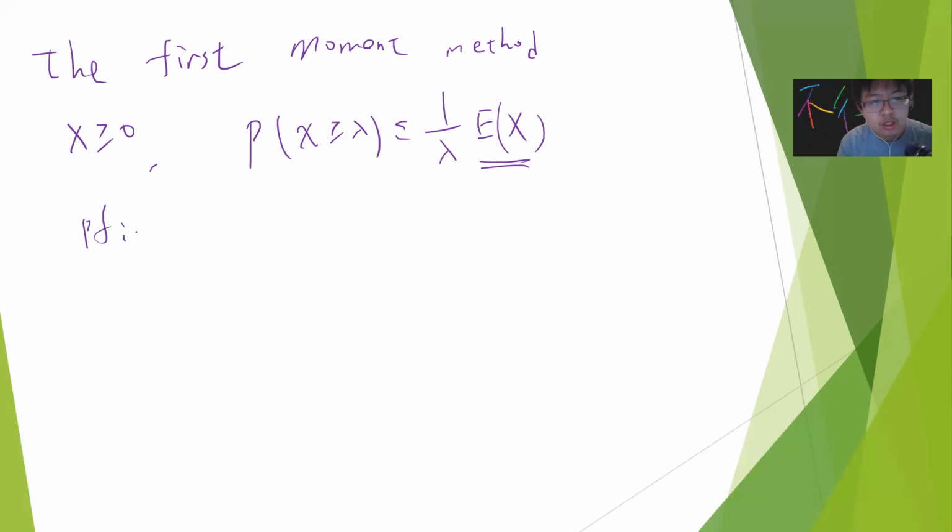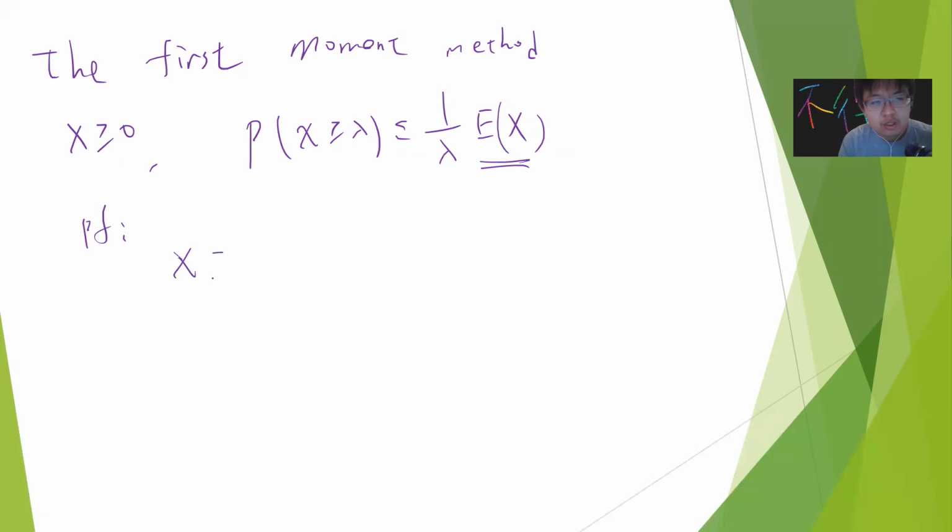Proof. If you start from the undergraduate approach, maybe you will write an integral and try to bound it. But with this more advanced idea, one can quickly prove it using the definition.